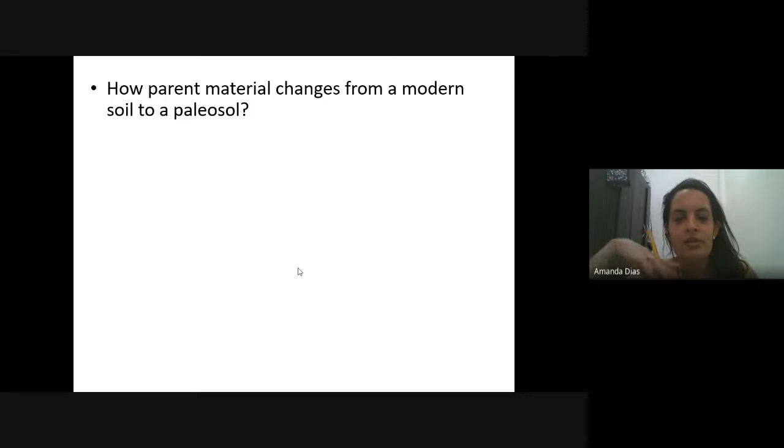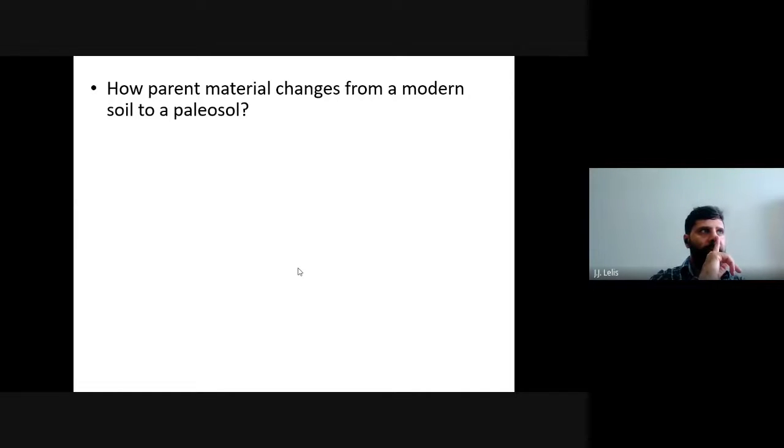It is important for the change between modern soil and paleosol, I think. Okay, so you think that the composition of the parent material could change? Yes. How? How is the key word in this question: how could the composition of parent material change?